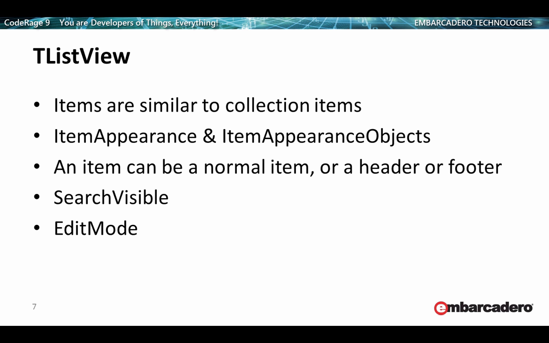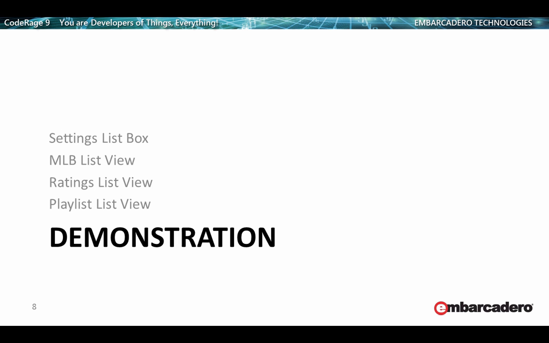You can also have search built in, so there's a search visible property, and then of course there's also the edit mode, which is kind of cool because that's built in so that we can have some management of our list just built into the component right off the bat. So it makes our lives much easier.